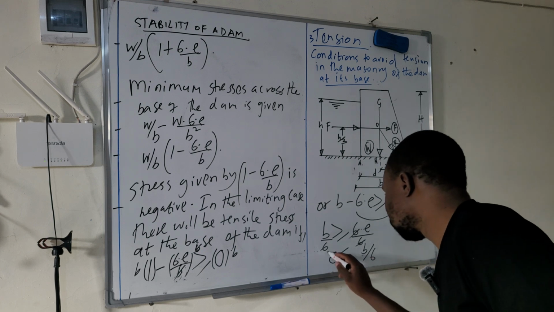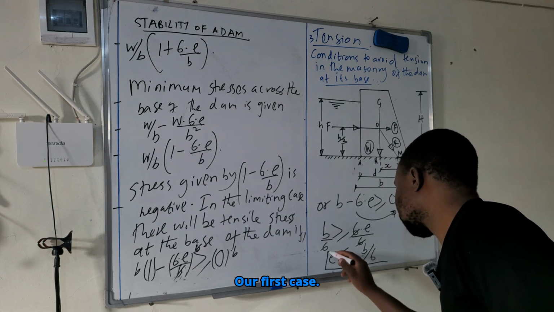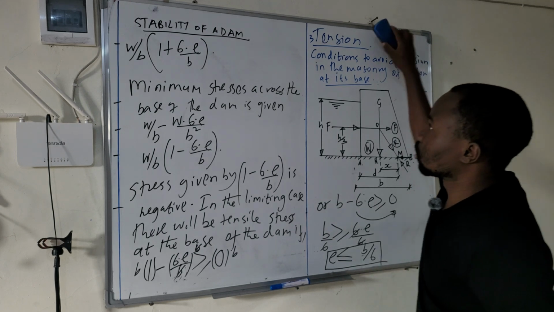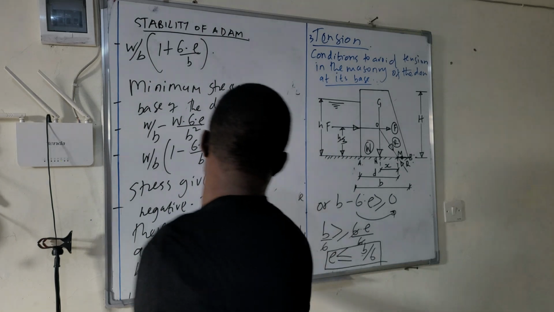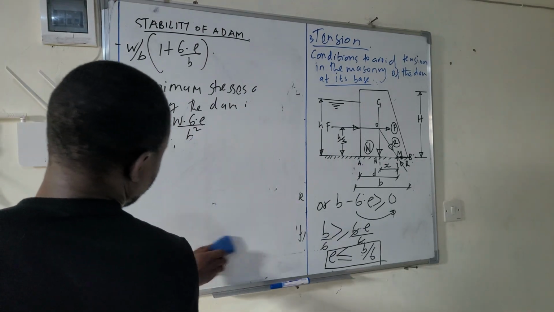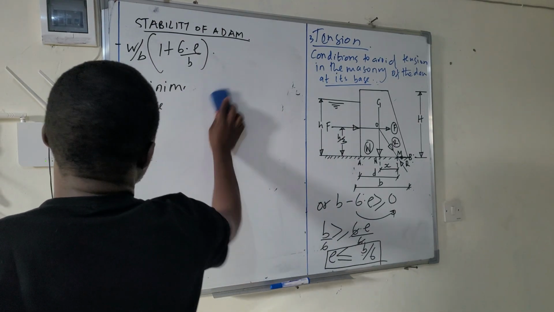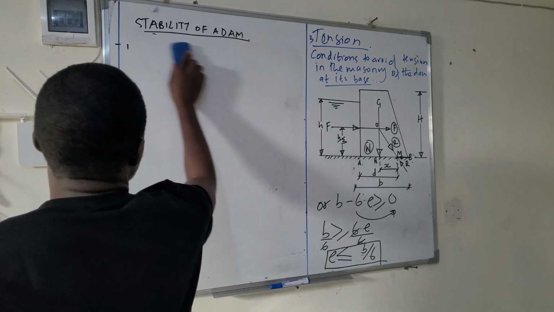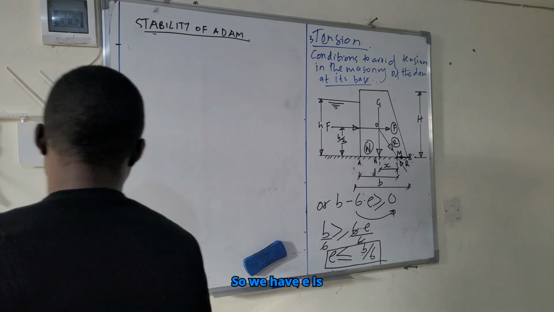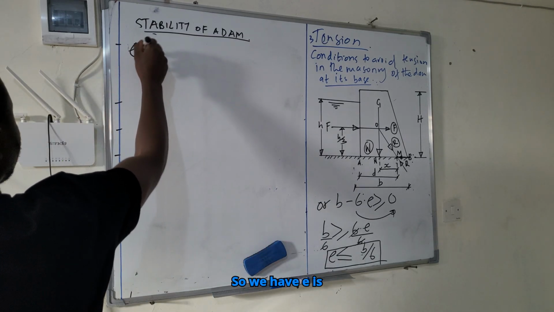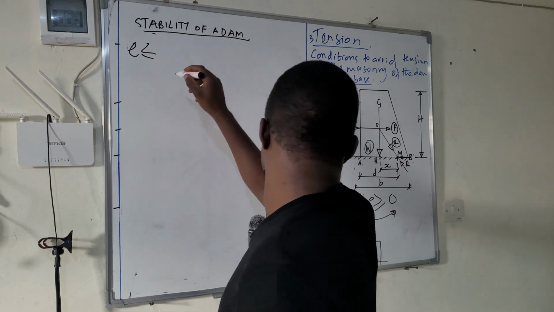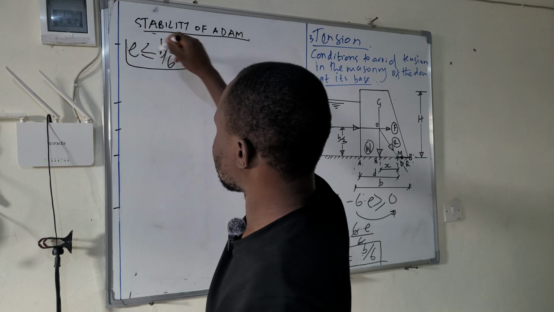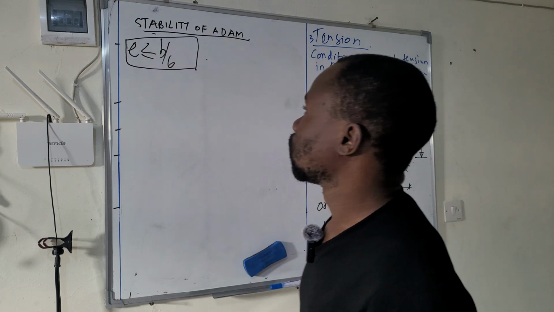So this is our first case. So you have E is less than or equal to B over 6.